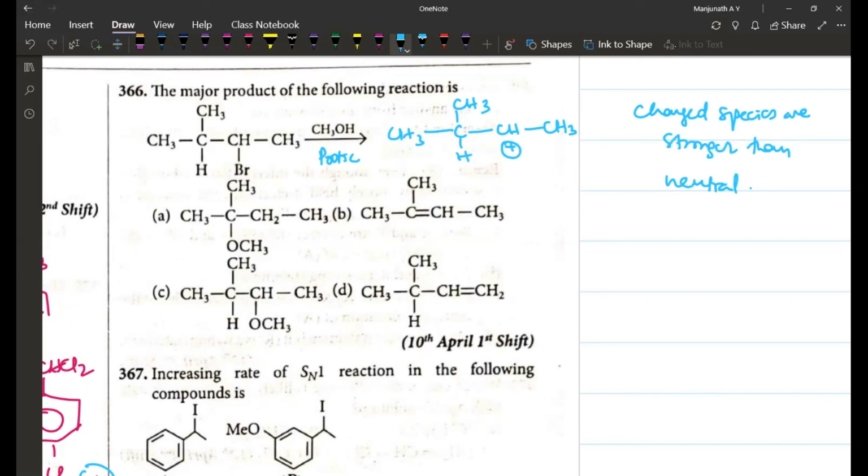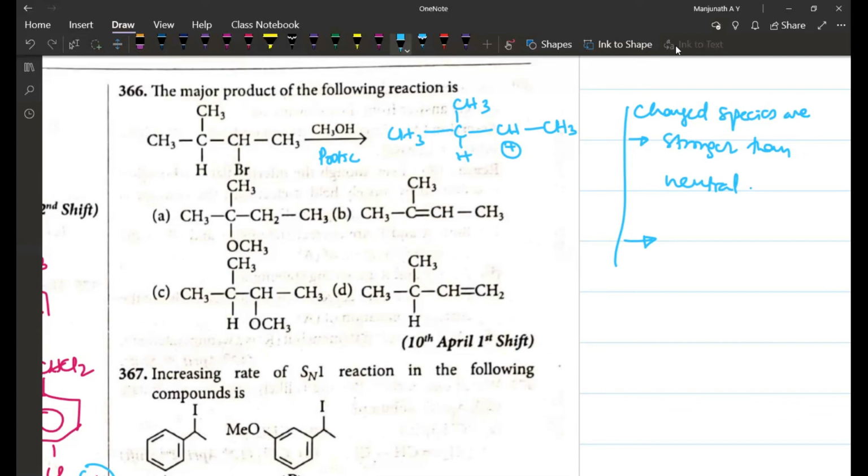Please remember, neutral species rarely act as bases. You should know these things. These are very important, subtle aspects of reaction mechanism. Sir, but once your proton comes out, then it becomes a charged species. Yeah, surely, but deprotonation does not happen so easily, though we consider it as protic solvent.